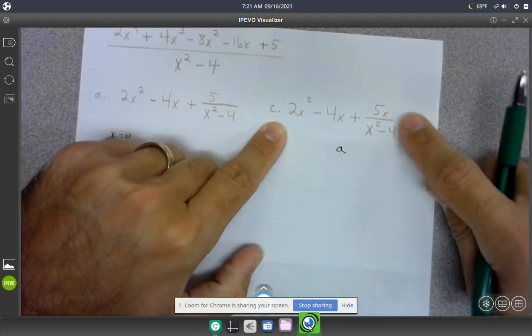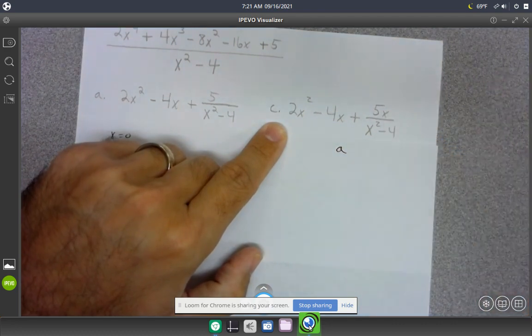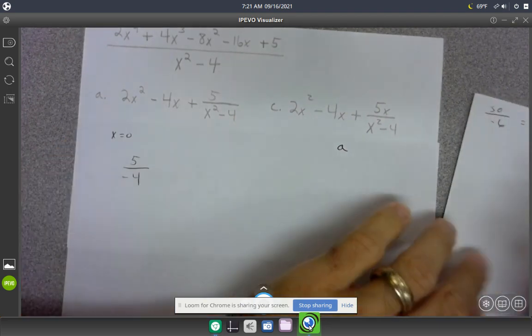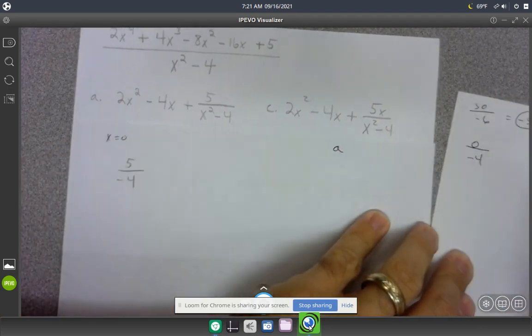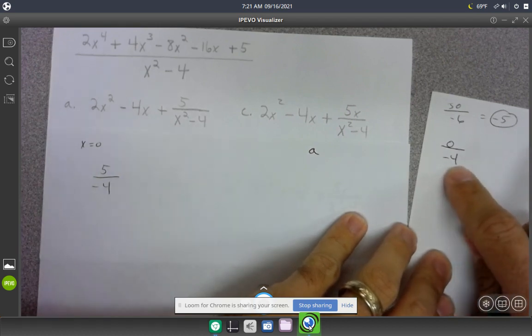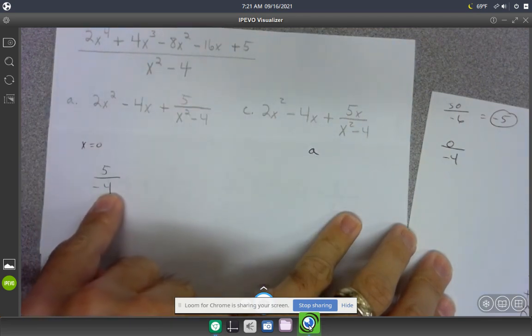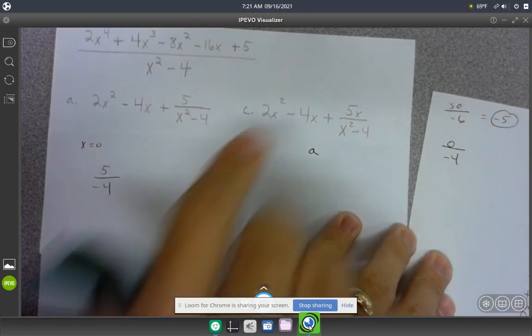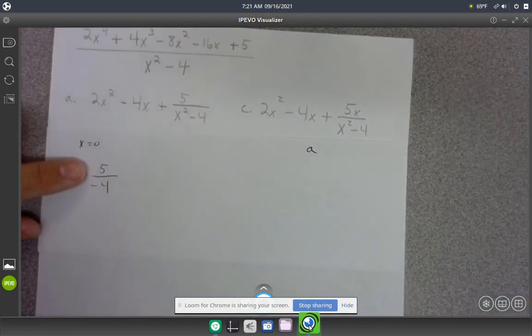And on this fraction, if I plug in 0 for x, that's going to give me a 0 in the numerator, 5 times 0, and a negative 4 in the denominator. This would equal 0. On the original, I got this as an answer, but on option C, I would actually get 0. So that's not what I wanted. I wanted to get negative 5/4.